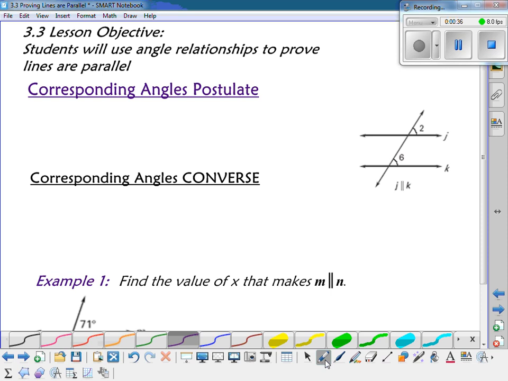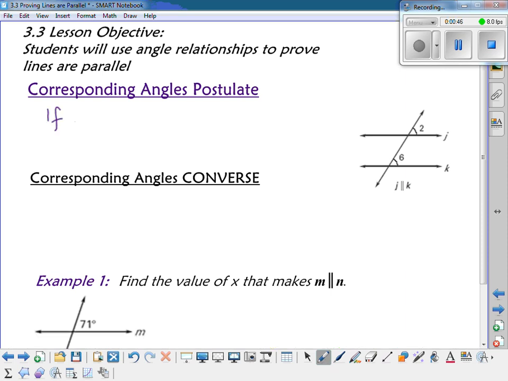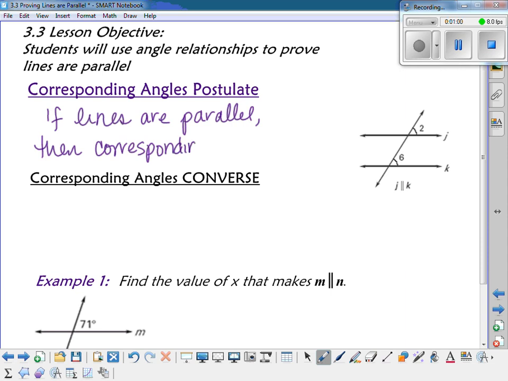So first let's look at the corresponding angles postulate, which we learned in the previous section of the book. If lines are parallel, then corresponding angles are congruent. So again, when we had the previous section, we started with parallel lines and ended with congruent angles.